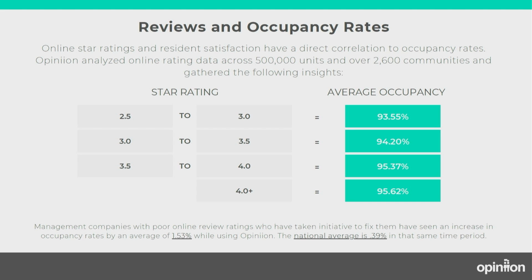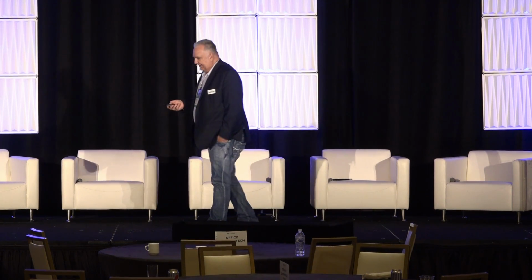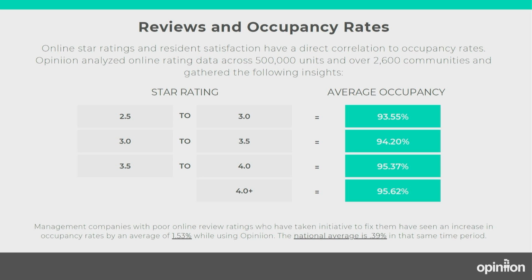So let's talk about that for a second, because to me it passes the sniff test. I don't know, maybe to you it doesn't. If somebody is looking online for a place to call home, I would say in 90% of the cases, they're starting on Google and typing something like apartments near me. When that list of communities around them pops up, they're seeing a filter, and their mind is processing just like yours does.